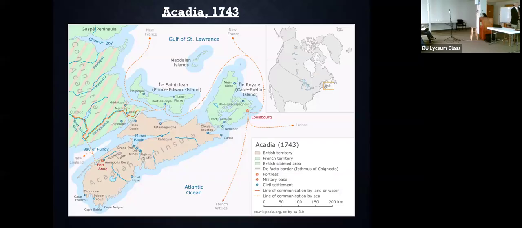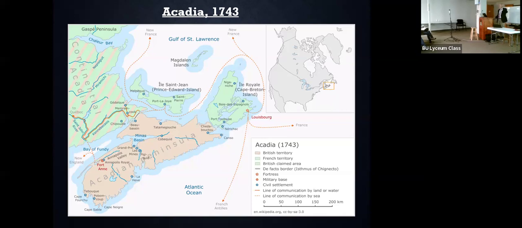As that concludes, what we see now, a number of years later, is an emphasis on Acadia. Now, the reason this is particularly important is because, as you'll see in the top right corner, if you want to get to the St. Lawrence, and you have a base, especially a naval base that you've set up in Acadia, this becomes an important place for you to be able to send ships up and take care of blocking entrance to the St. Lawrence.